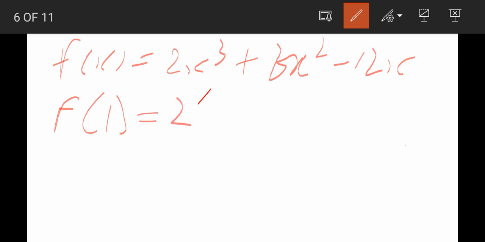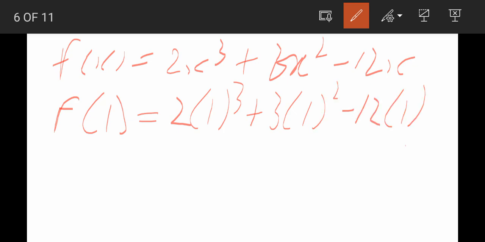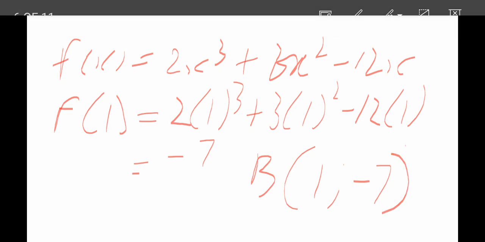So where there is x, I'm just going to put 1. Then punch that in your calculator. You are supposed to get negative 7. Then what are your coordinates for B? Positive 1, negative 7, right?